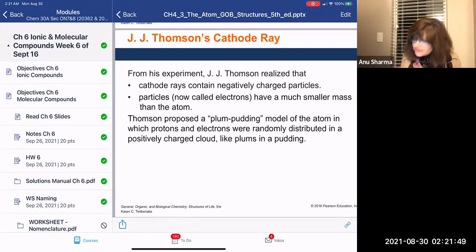That's called the cathode ray experiment. The cathode rays contain negatively charged particles, now called electrons, which have a much smaller mass than the atom. So Thomson is credited with finding the electrons.